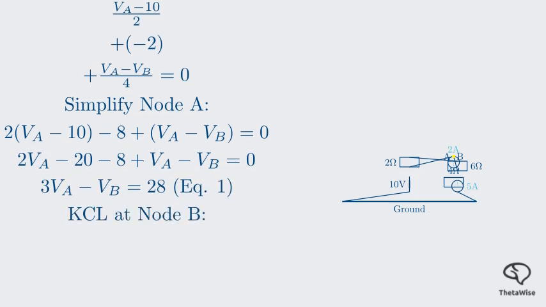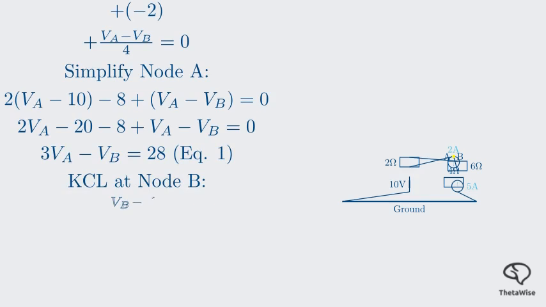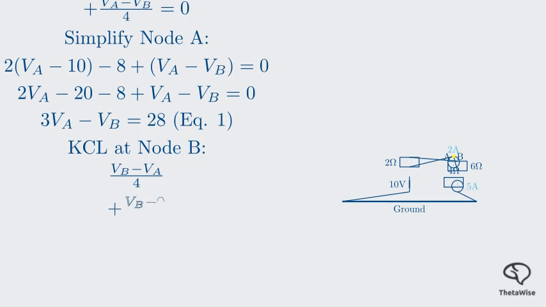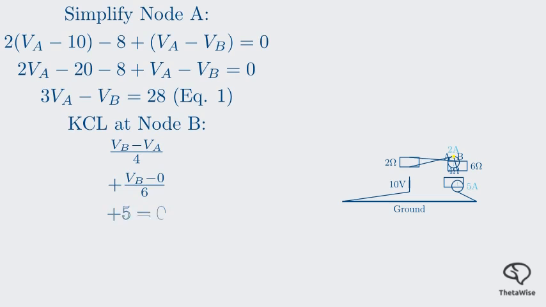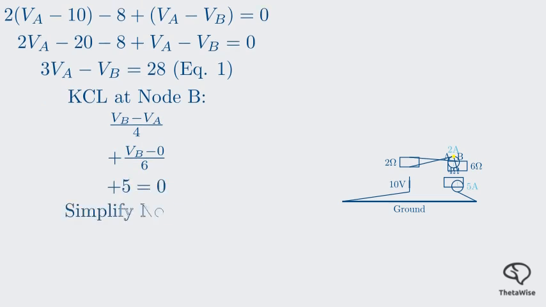That's our first equation. Now for node B. The current leaving through the 4 ohm resistor is VB minus VA divided by 4. The current leaving through the 6 ohm resistor is VB divided by 6. And we have a 5 amp current source leaving, so it's plus 5. Simplifying node B. Multiply by 12.